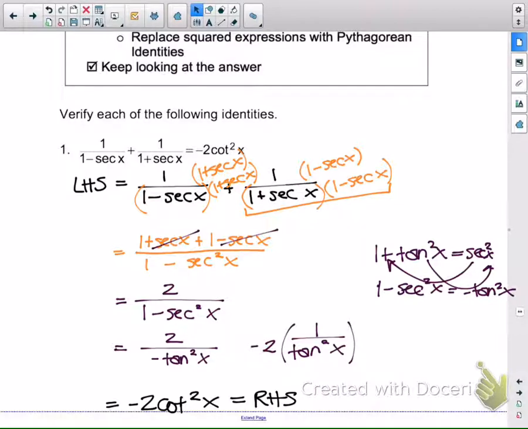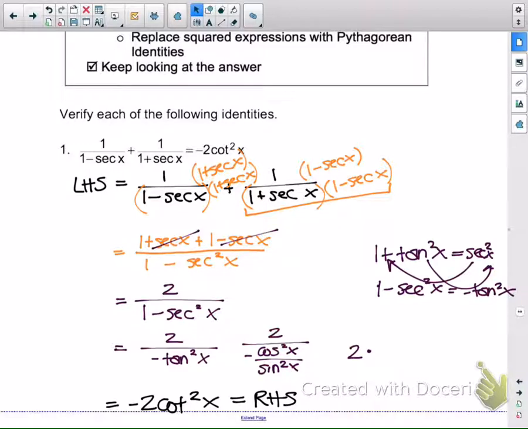If that step didn't make sense to you, what else could you do with your tangent squared there? I can replace tangent squared with sine squared over cosine squared. That's another way to show this. When I have double fractions, how do I handle them? Keep the top.